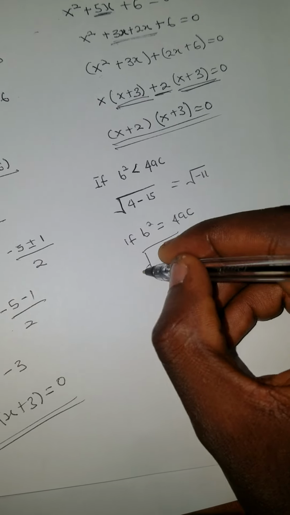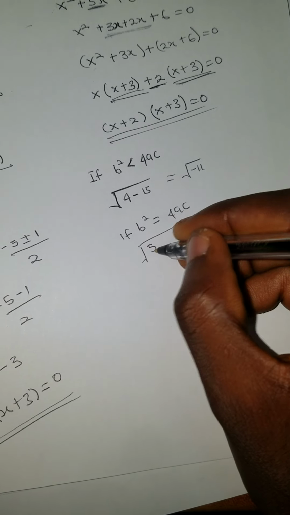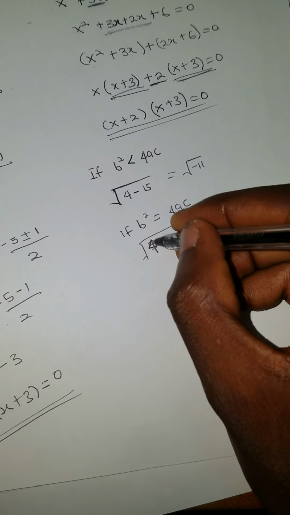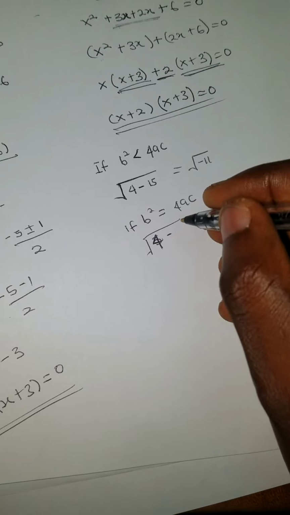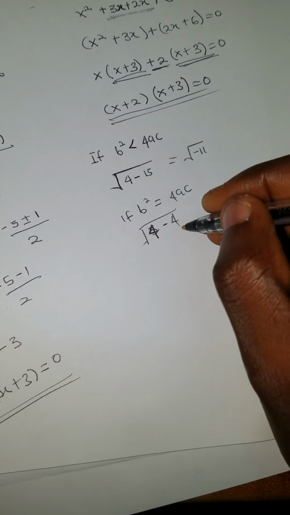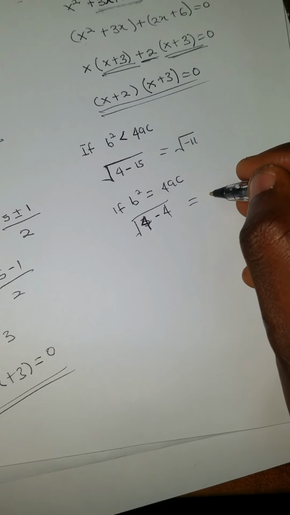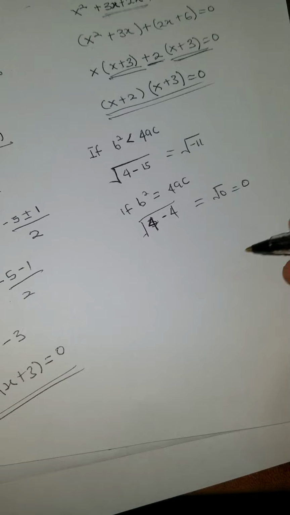Let's say both are 5. This means you get the root of 0, which is 0.